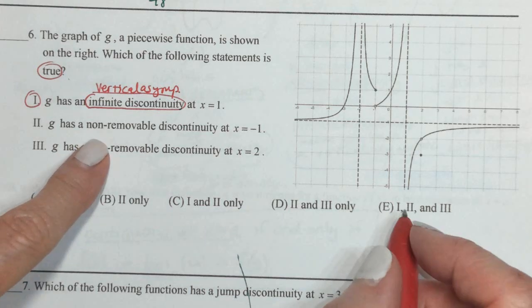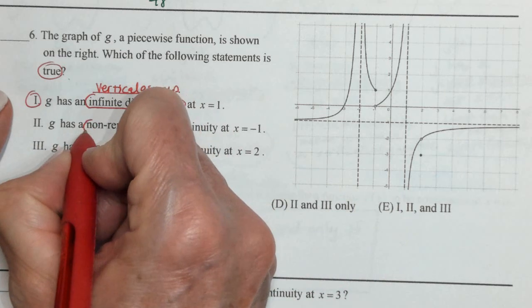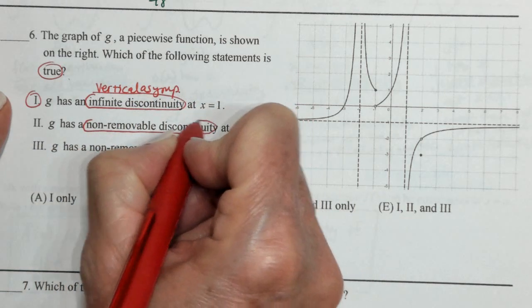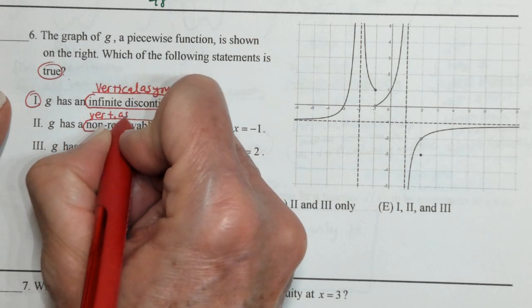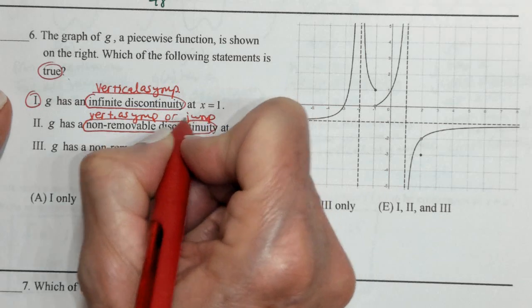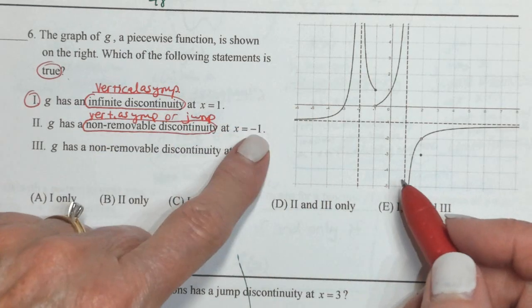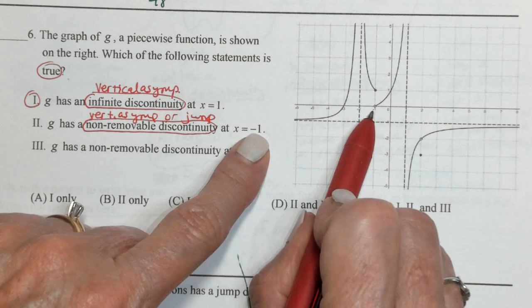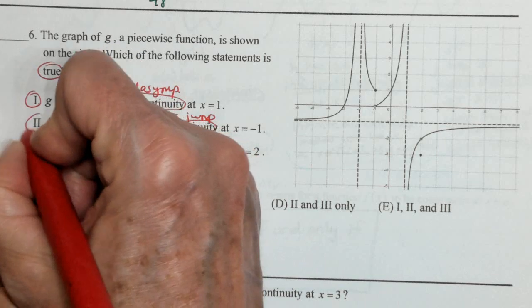G has a non-removable discontinuity at x equals negative 1. Well, non-removable discontinuity is either a vertical asymptote or a jump. Those are the only kind. So vertical asymptote or a jump at negative 1. At negative 1, there is a jump. So yes, that is also true.